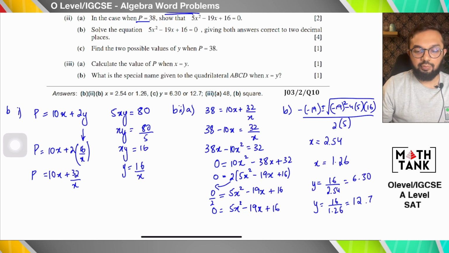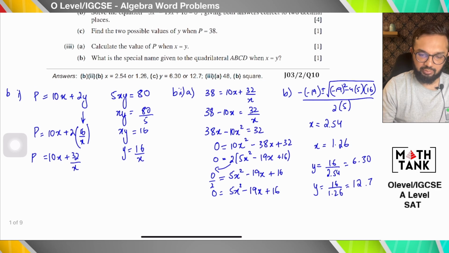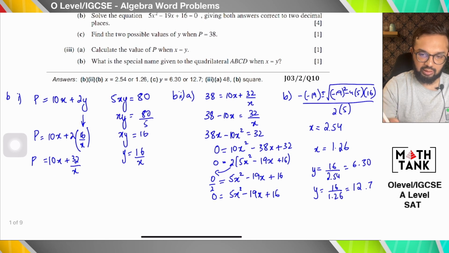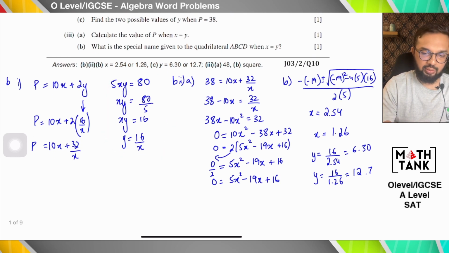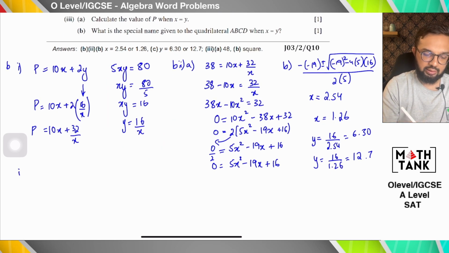Okay, calculate the value of P when x equals y. So when x equals y, what changes is I will have a difference here, and I'm going to say that in this equation it's going to become 5x squared, 5x into x equals 80.